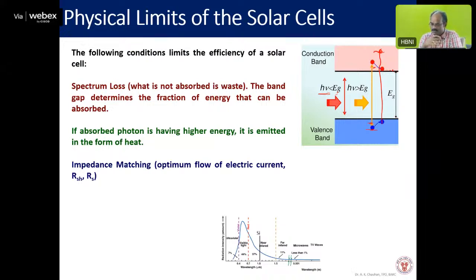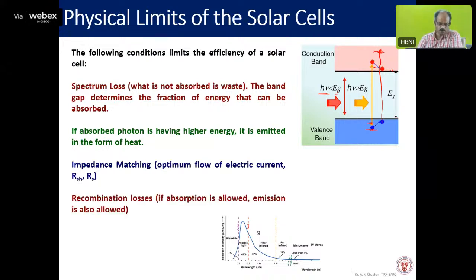Actually, the carriers will not be extracted and they will recombine. Then there is the recombination loss. If absorption is allowed, emission is also allowed because they follow the same transition rules. So if the electron-hole pair is not separated in time, they will eventually recombine.